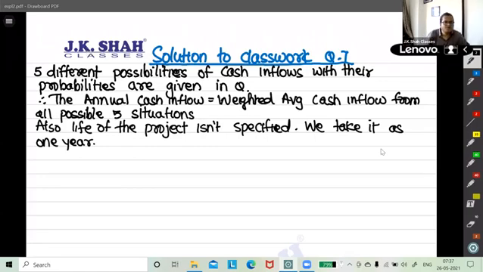See, whatever Somesh is writing, a similar question we have done in capital structure. Question 3 to be discussed in class. Weighted average EBIT we had calculated, Somesh. Correct? 493 was the answer.